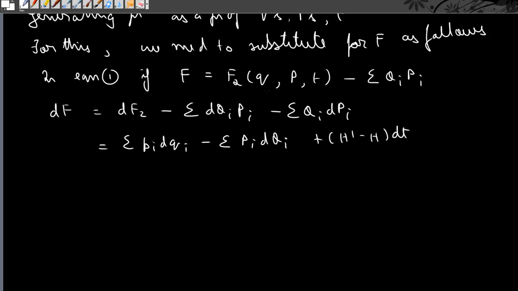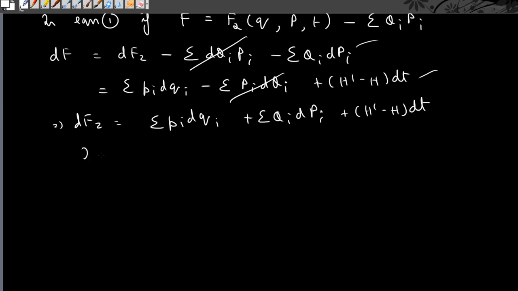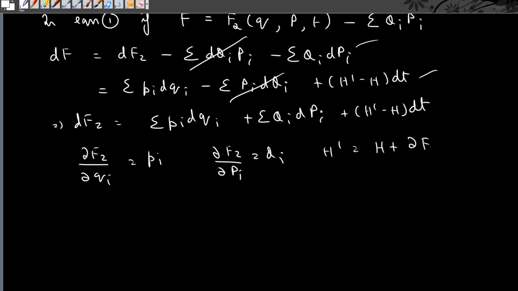Now if you see these two quantities, they are equal, and I can cancel these two, which gives me dF2 is equal to summation p_i dq_i plus summation Q_i dP_i plus H' minus H dt. So if F2 is our generating function, then we have the relation ∂F2/∂q_i equal to p_i, ∂F2/∂P_i equal to Q_i, and our H' is equal to H plus ∂F2/∂t.